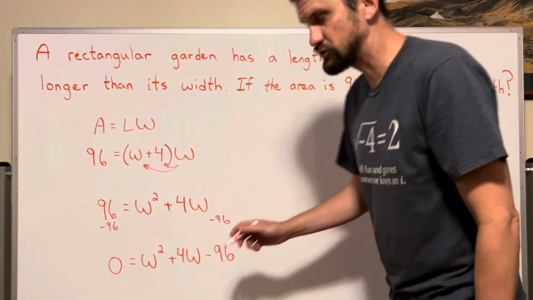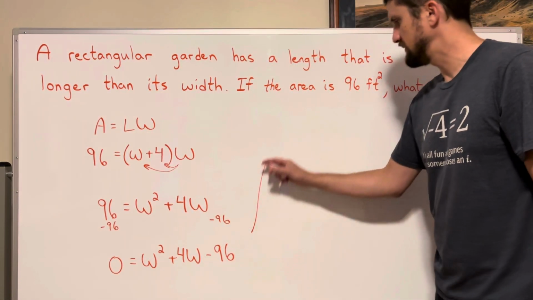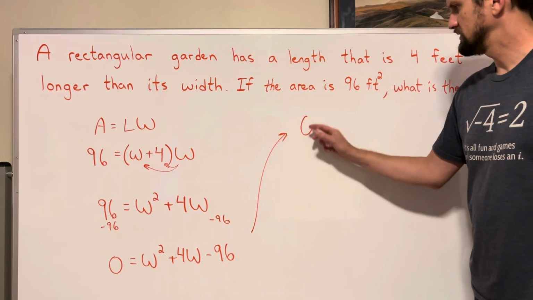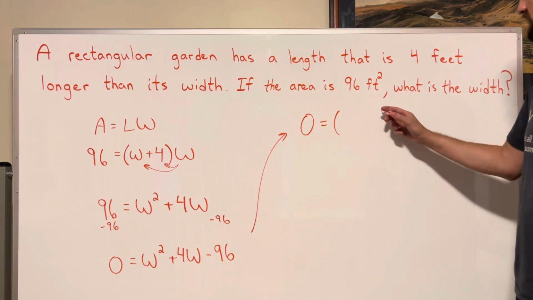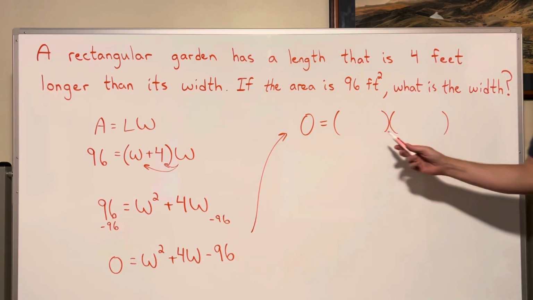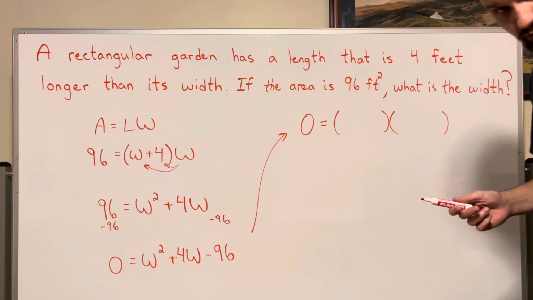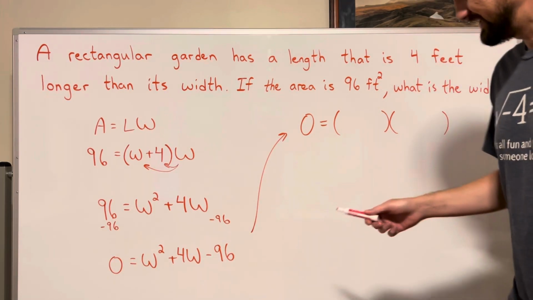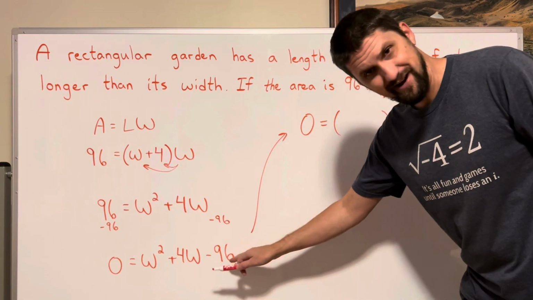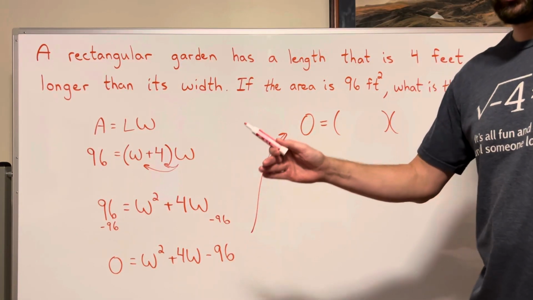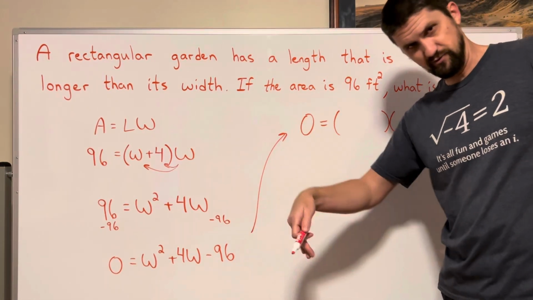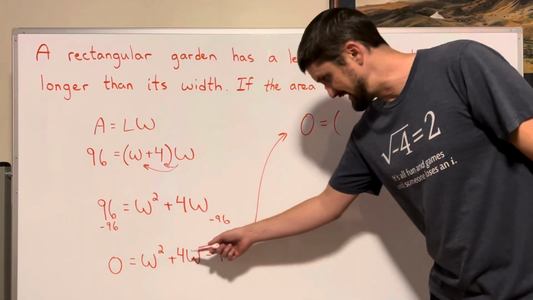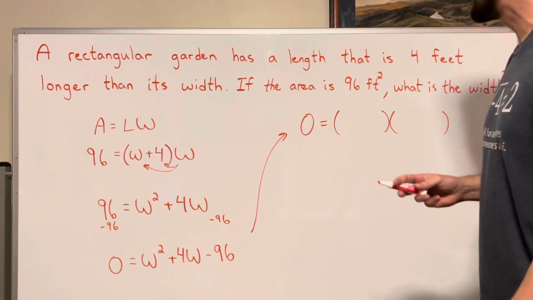If we can find those two numbers, then we can factor it into two binomials. And it's a negative 96 here. So one number's got to be positive, one number's got to be negative, and they need to add to 4.